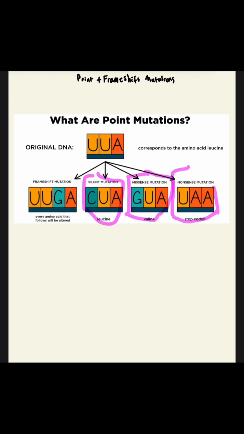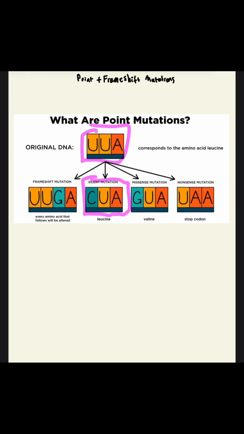If it's a silent mutation, this is the original DNA that has been mutated, and you can see in the silent mutation, the only base that has been substituted is the C. So instead of having UUA, we have CUA.